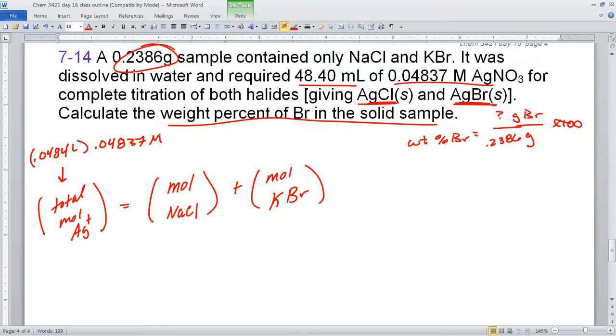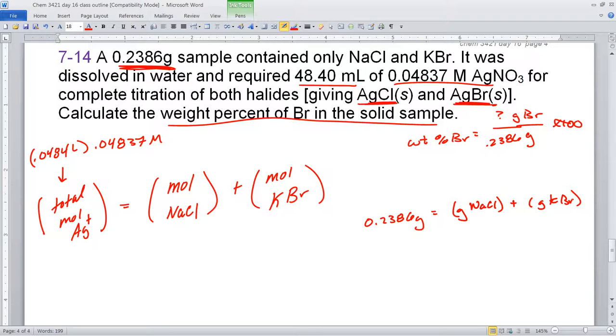Now the moles of sodium chloride and moles of potassium bromide, a little more tricky. What we have to realize is that 0.2386 grams of the sample, this amount, that's the total. That's the grams of NaCl and the grams of KBr.